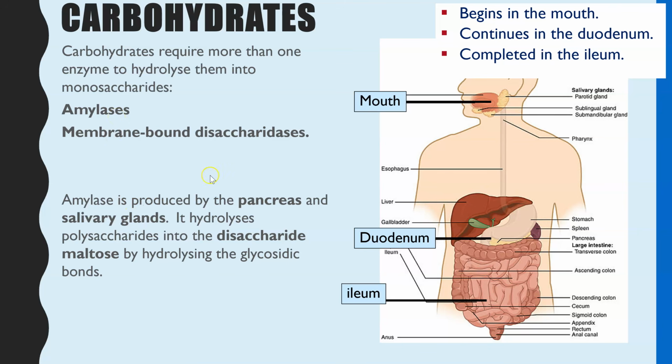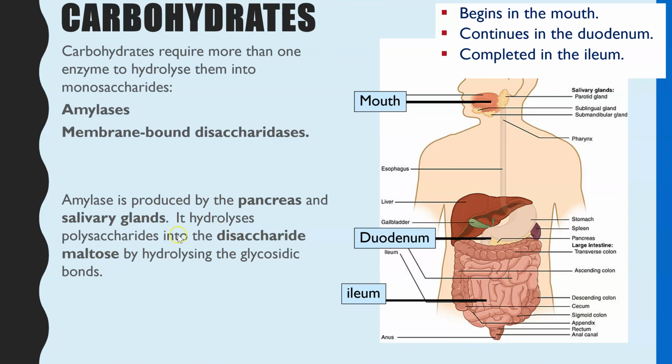So amylase is produced in the pancreas, which we can see just a tiny bit of here in yellow. That's the pancreas. But it's also produced in the salivary glands, which are up here. And for that reason, when they're produced in the salivary glands, it's secreted into the mouth. So that is where digestion of carbohydrates begins, in the mouth.